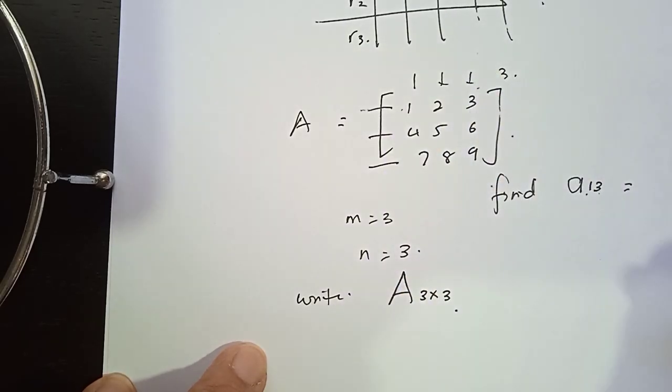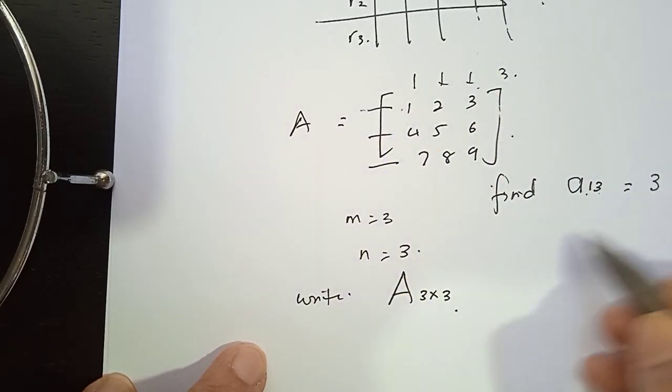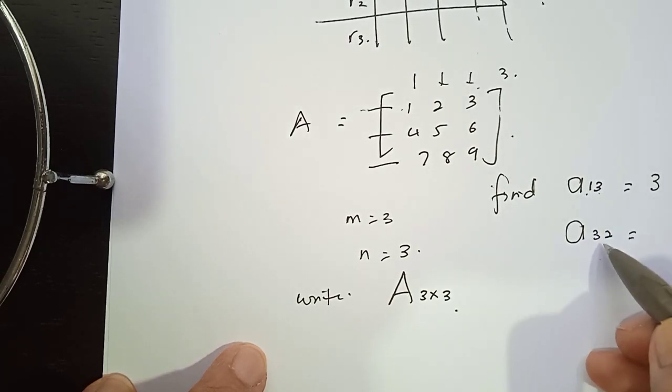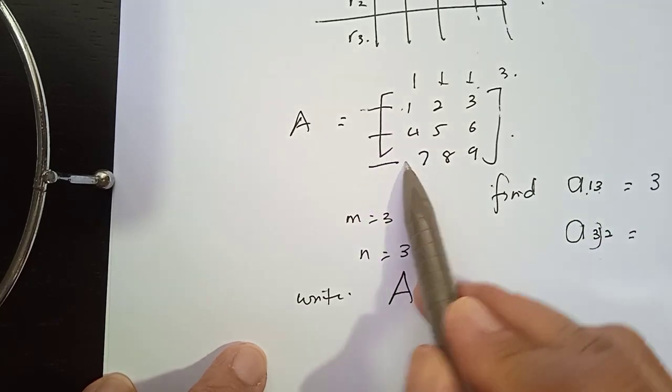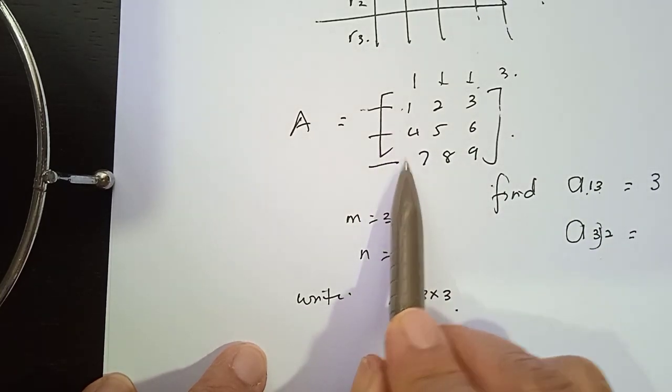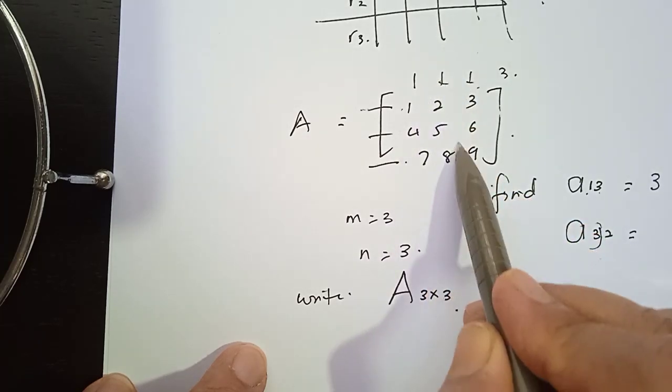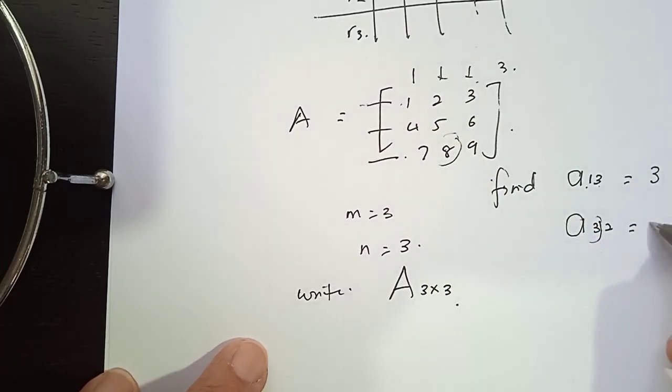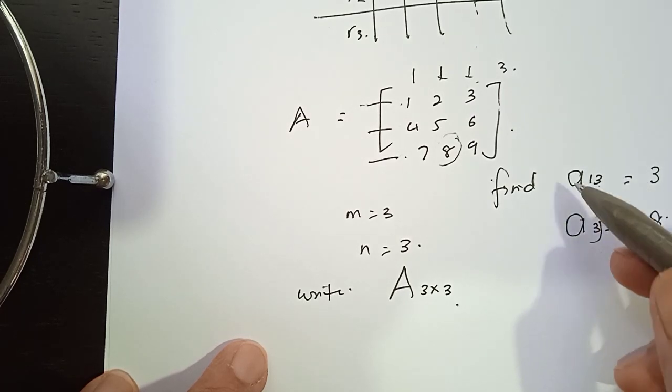So the answer is 3. Next find A32. We refer to row number 3 and column number 2. So the answer is 8. So this is how you find the element of a matrix.